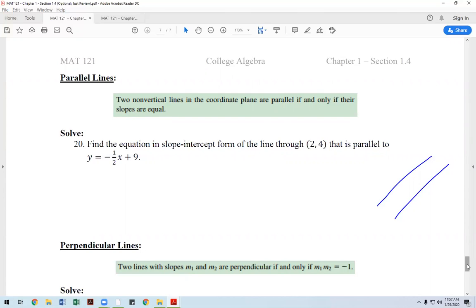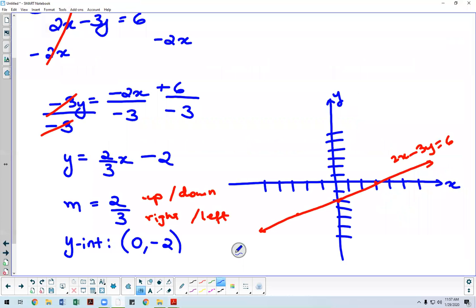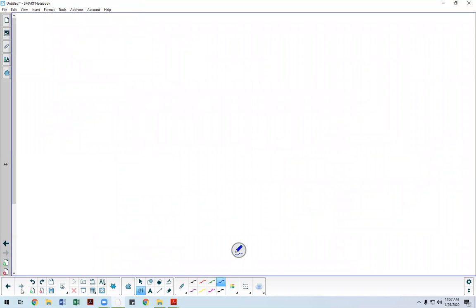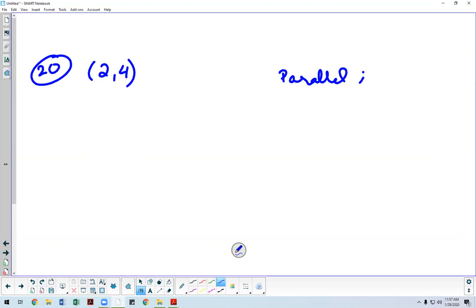So if we had to find the equation for this line, this is number 20. The point that the line passes through is (2, 4). The parallel line is given to us as y equals -1/2 x plus 9.